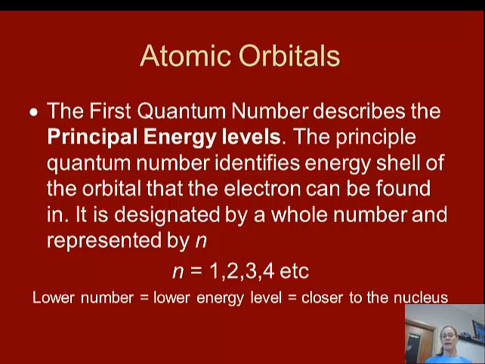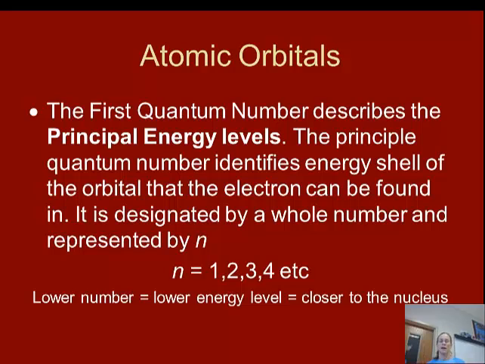So remember that in order for an electron to move away from the nucleus, if it's closer to the nucleus, it has to absorb more energy to make those initial leaps. As you get further away from the nucleus, it doesn't take as much energy for the electron to move from one orbital to the next. So closer to the nucleus is known as the lower energy level, but it still takes an enormous amount of energy, relatively, to move from a lower energy level to a higher energy level.